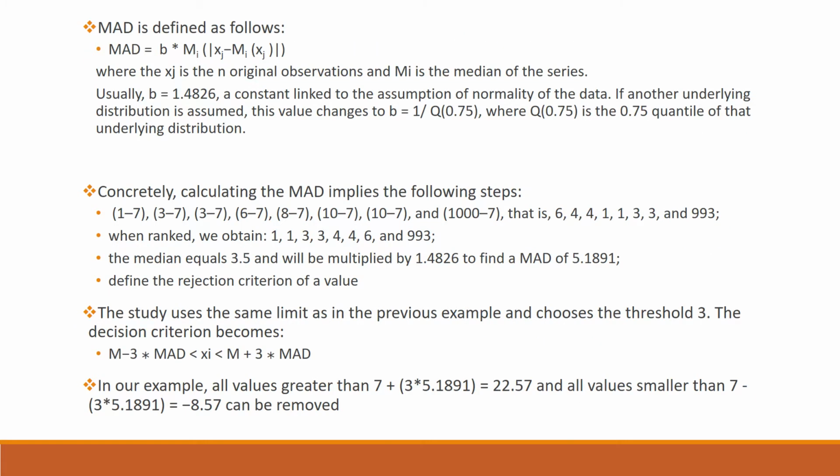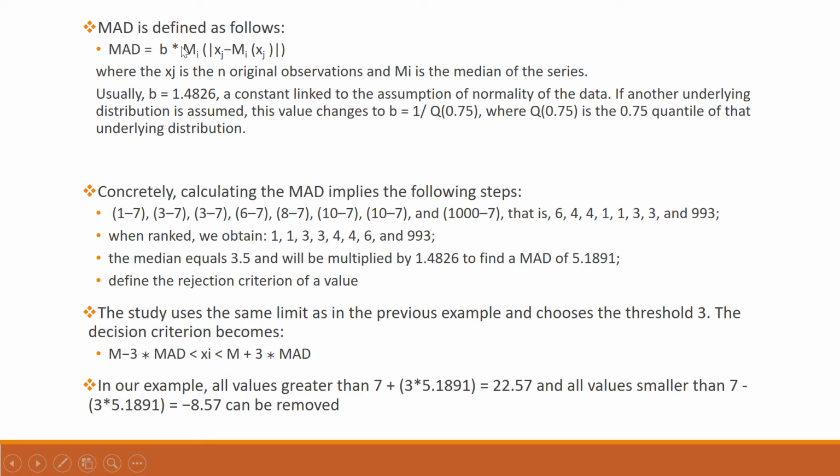Now calculating the MAD is also straightforward, as it only involves finding the median of absolute deviation from the median. What it means is MAD is b times median of absolute value of x minus median of x.